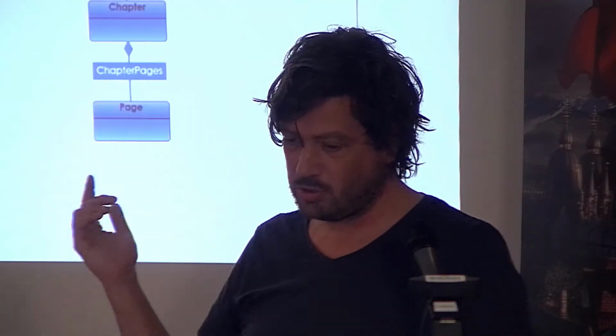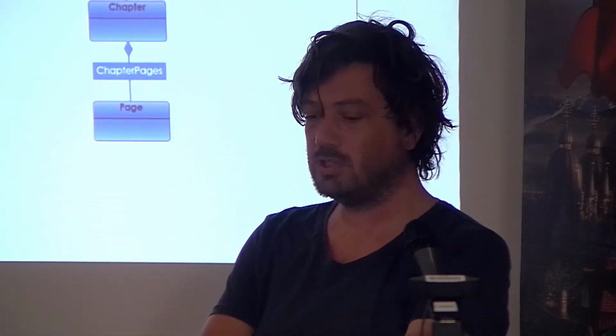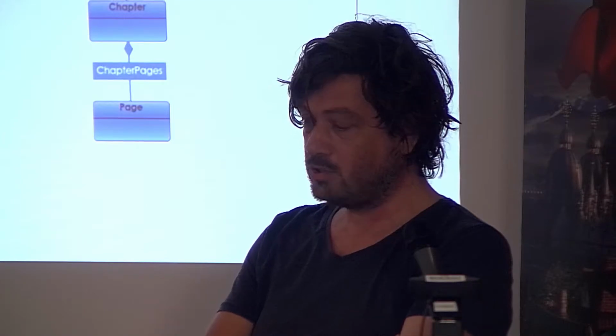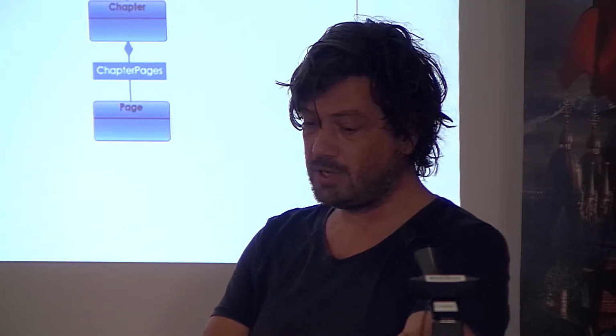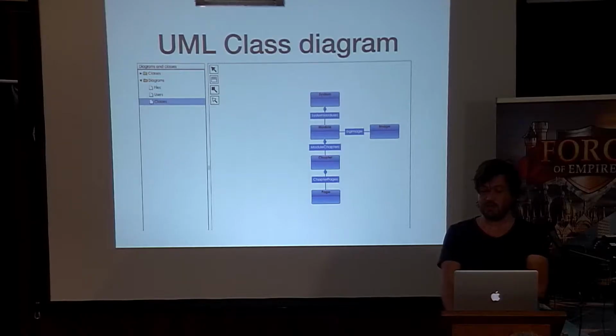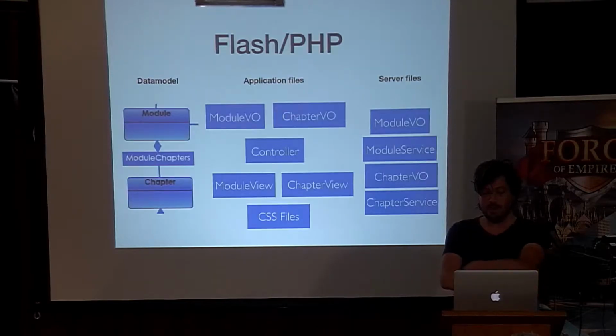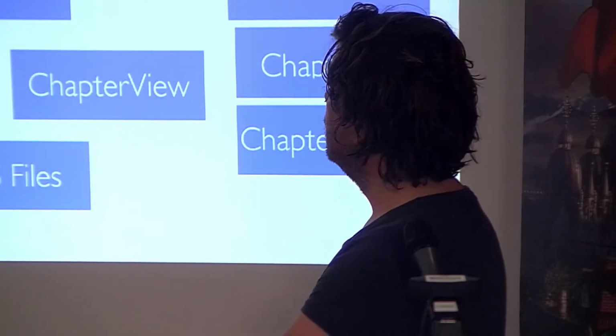And how did that work? I showed you before. It's the UML class diagram. And we modeled it here. So in this case, we have a module, a chapter, and a page. And the module has a background image. And then we started to generate the code. That was 7 years ago, when it was still Flash and PHP.